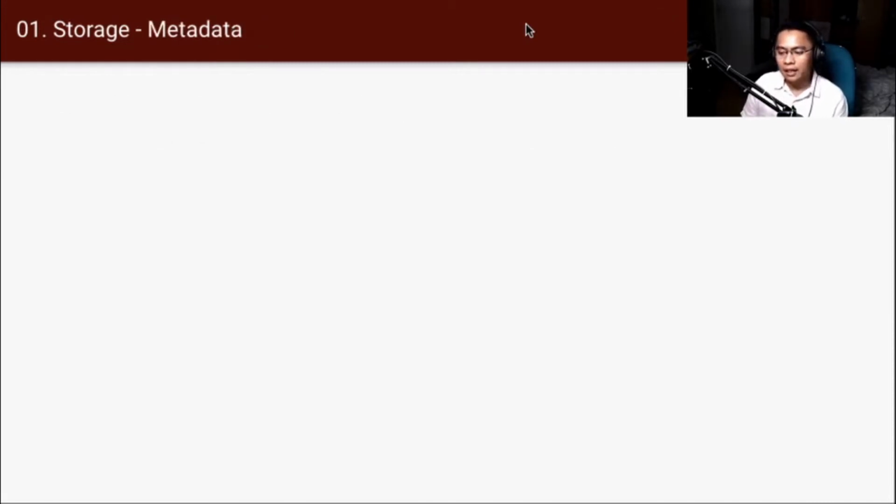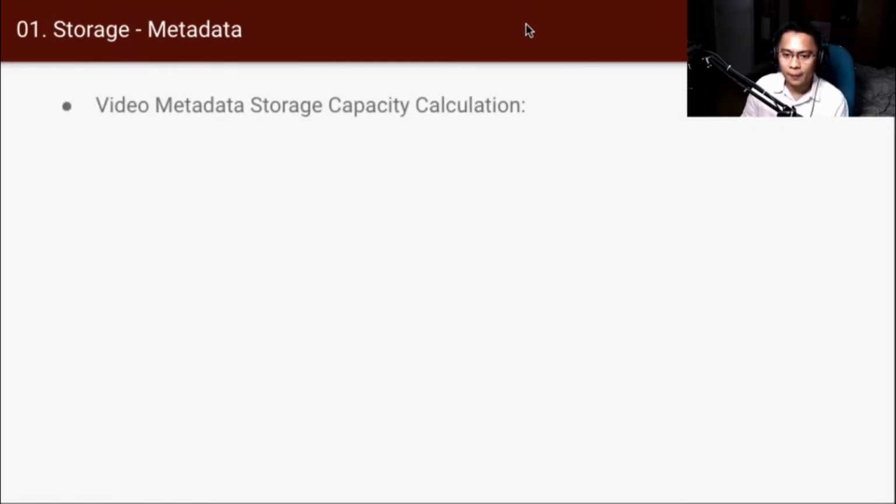Next, after we answer how much storage we need for video contents, now we need to answer how much storage we need for metadata. First is the video metadata storage capacity calculation.